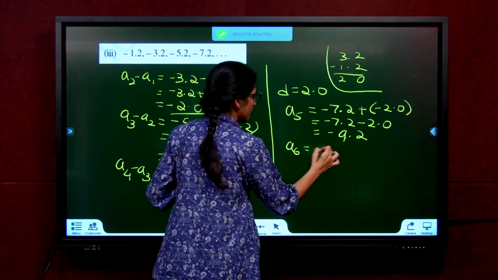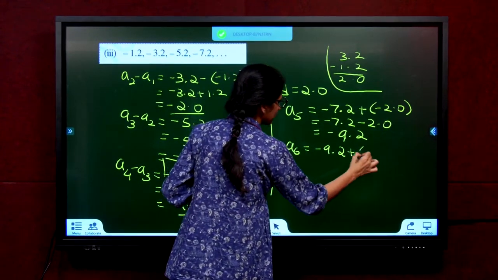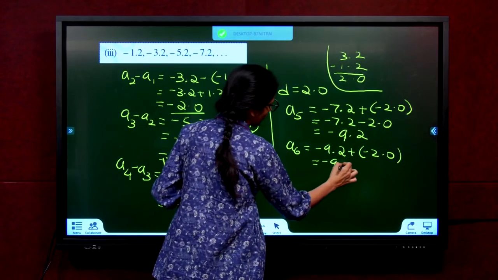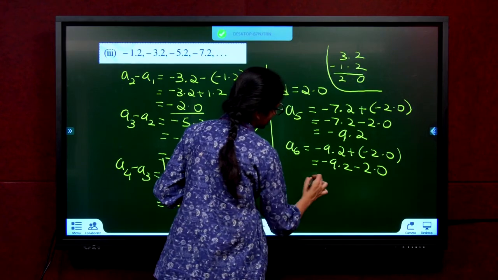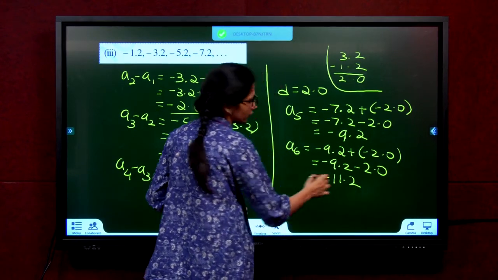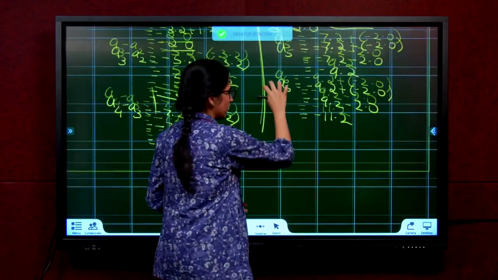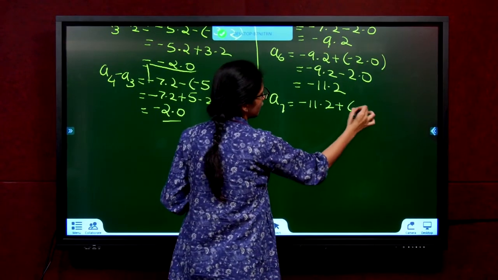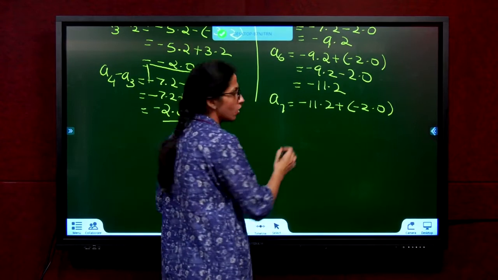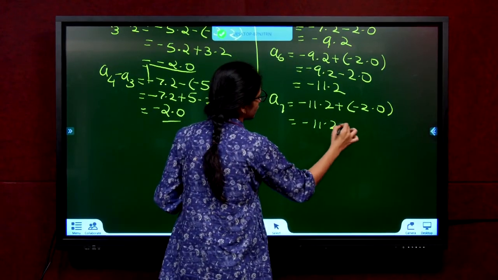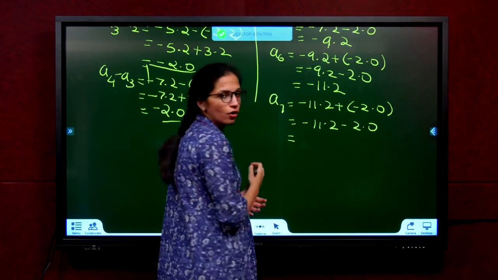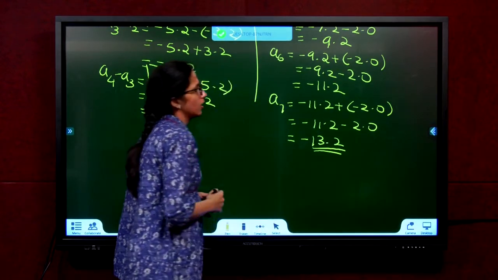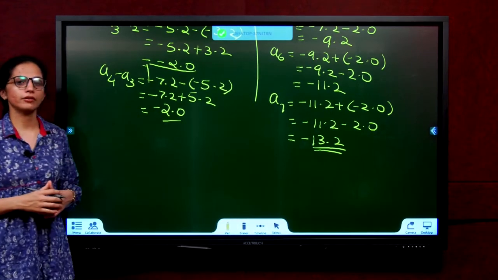A6: minus 9.2 plus minus 2.0, you get minus 9.2 minus 2.0, minus 11.2. A7: minus 11.2 plus of minus 2.0, minus 11.2 minus 2.0, minus 13.2. So these are the next three terms of your AP.